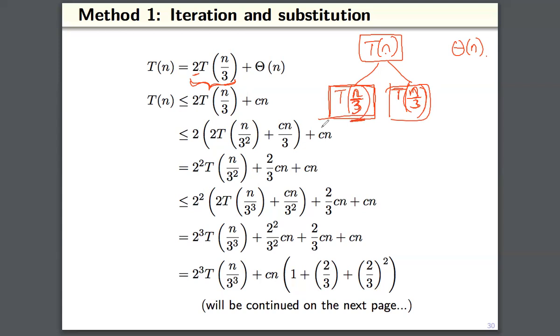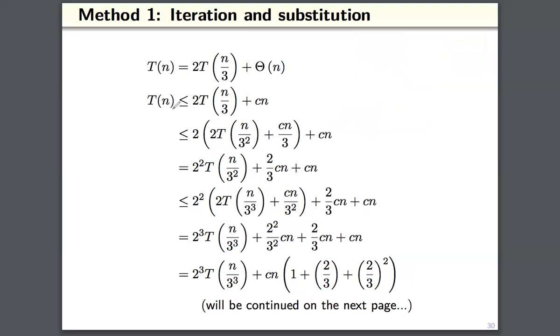There are 2 subproblems. When you solve them both, you get 2T of n by 3. And probably for dividing the problem or combining the solutions, you need a linear amount of work, so theta n. That's the meaning of this. Let's proceed. T of n is less than or equal to 2T of n by 3 plus Cn. Instead of theta, we replaced it with an upper bound by some constant.